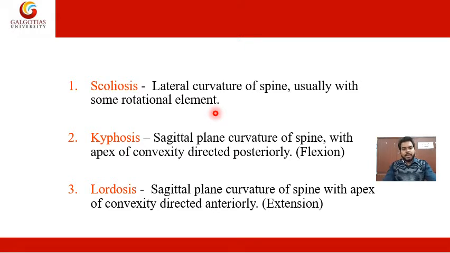Kyphosis is a sagittal plane curvature of the spine with the apex of convexity directed posteriorly, flexion. Lordosis is a sagittal plane curvature with the apex of convexity directed anteriorly, extension. The basic difference is that in kyphosis there is hyperflexion and in lordosis there is hyperextension. So don't get confused.